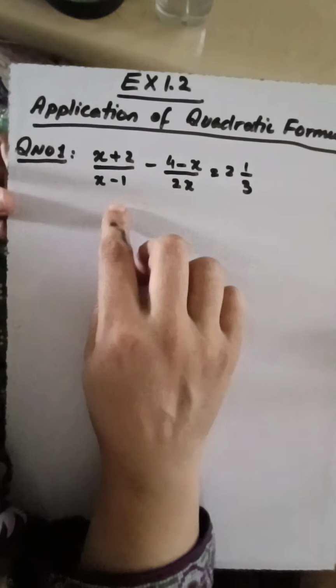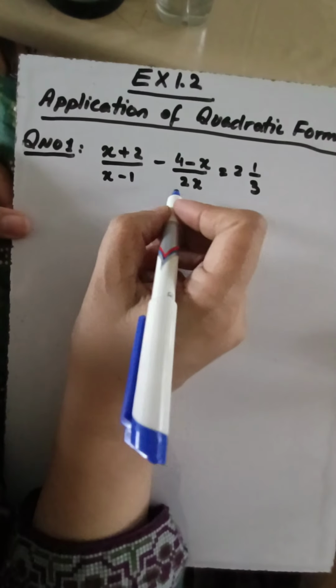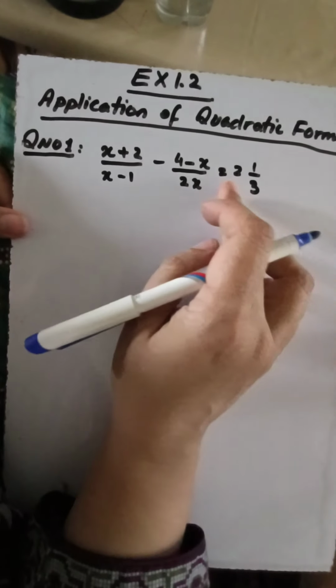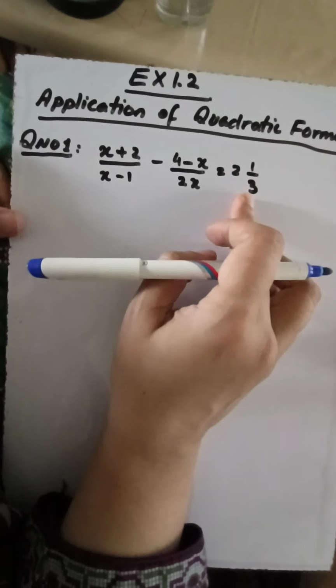Now in order to reduce this into its standard form, we will obviously have to dissolve all these denominators. For that we will have to take the LCM on this side, and we are going to convert this into an improper fraction because this is a mixed fraction, and after that we are going to do the cross multiplication.